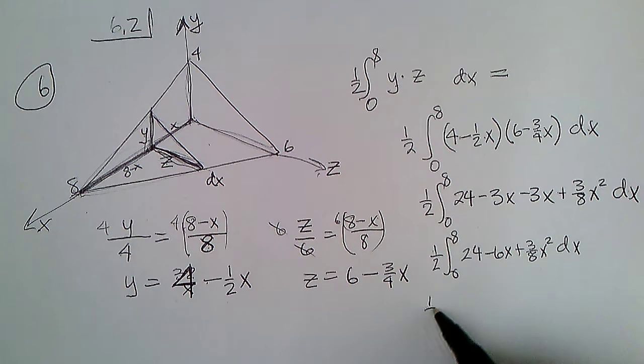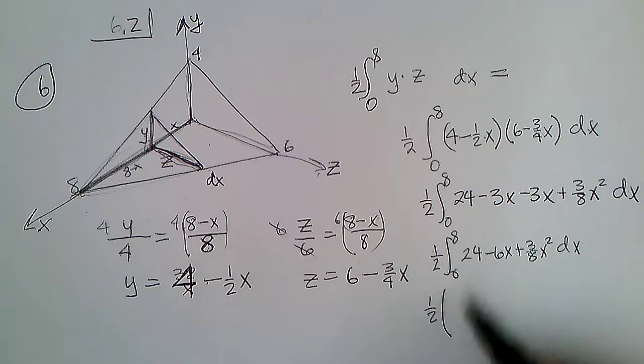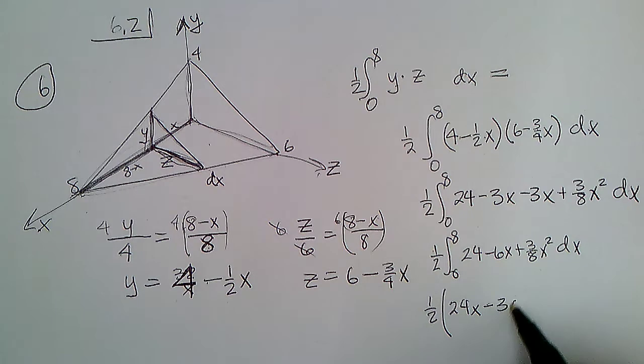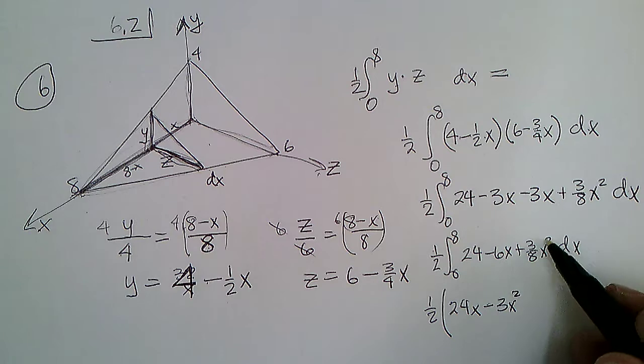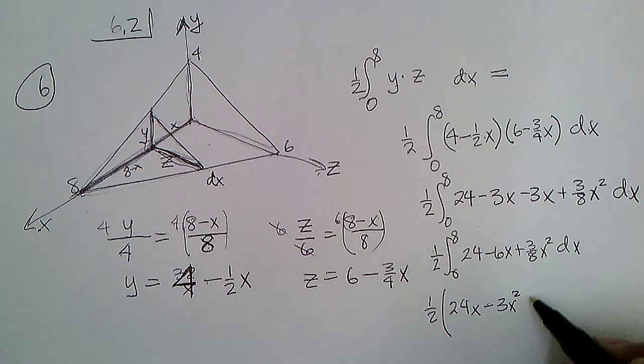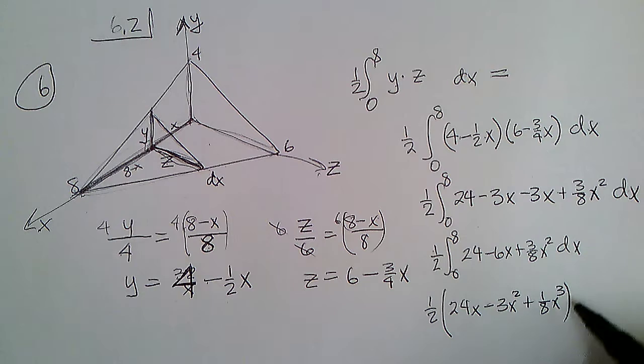That would be 1/2, and now it's going to be 24x minus 3x squared, because add 1 and divide by 2. Add 1 would make it 3 and divide by 3, so I'm going to get plus 1/8 x to the third, evaluated from 0 to 8.